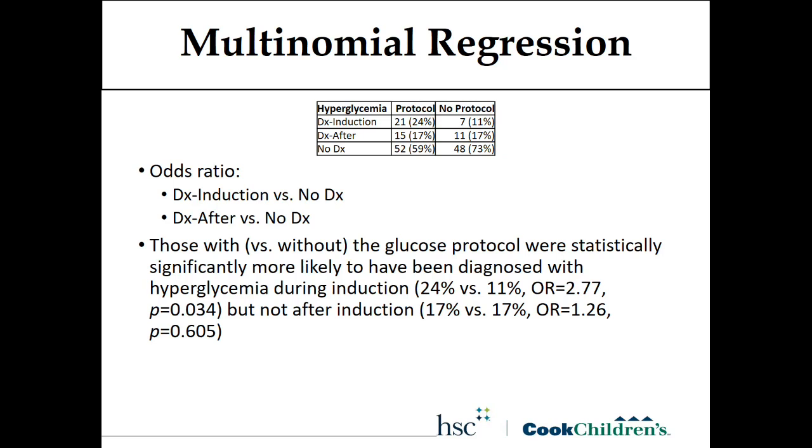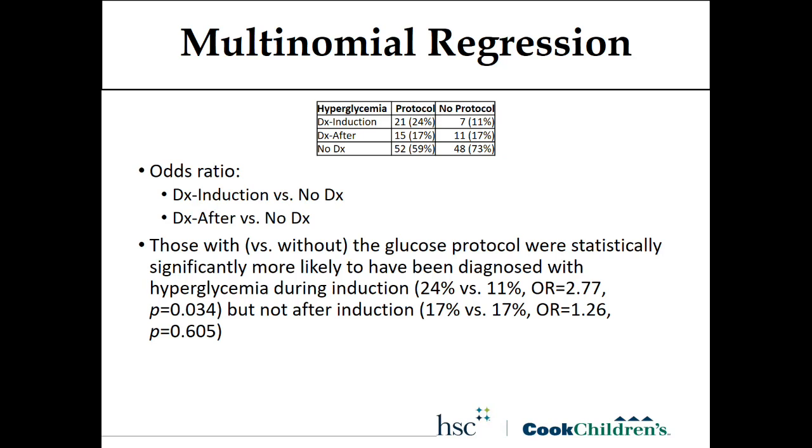Well, it's certainly a categorical variable with 3 or more categories that are probably not ordinally related, and so the obvious choice for your reference group is the no diagnosis group. We want to compare the diagnosis during induction versus the no diagnosis, and diagnosis after induction versus the no diagnosis.